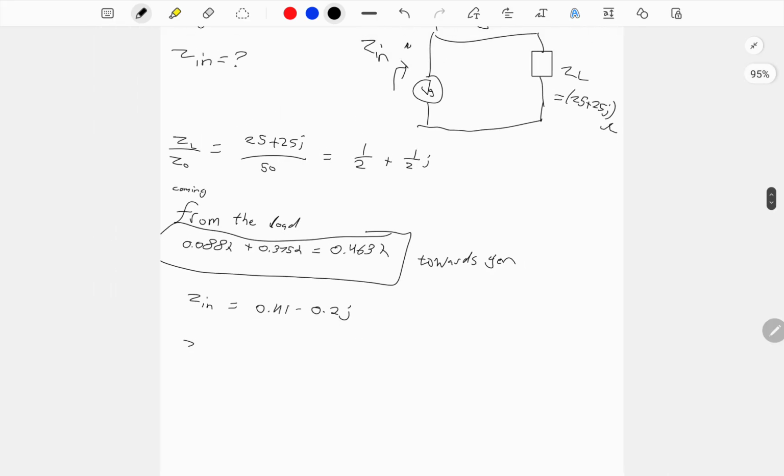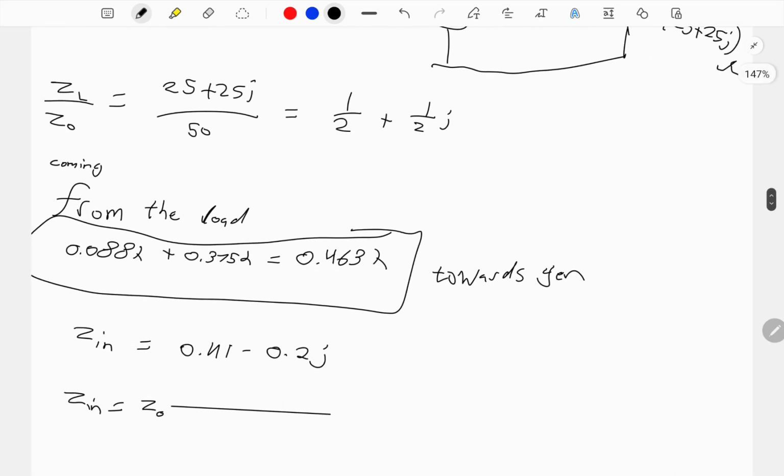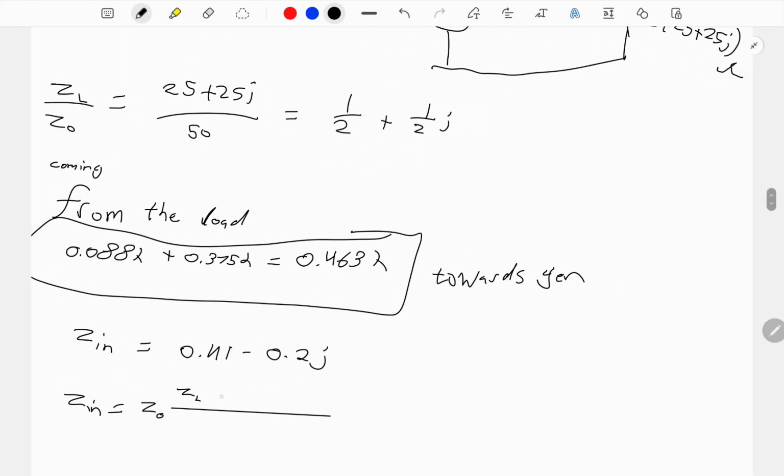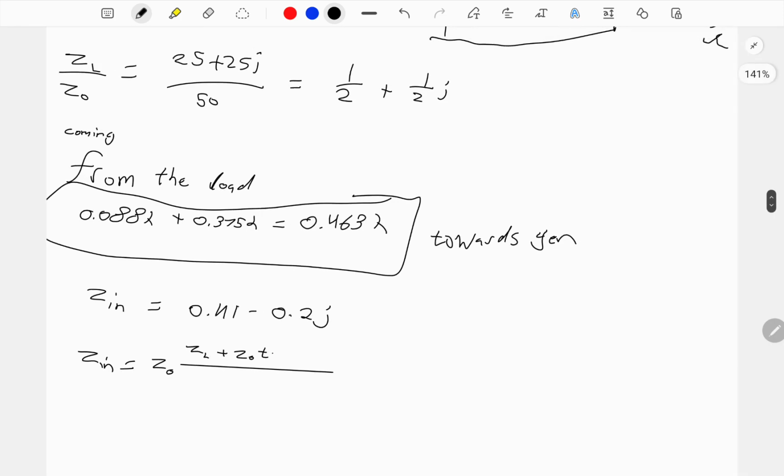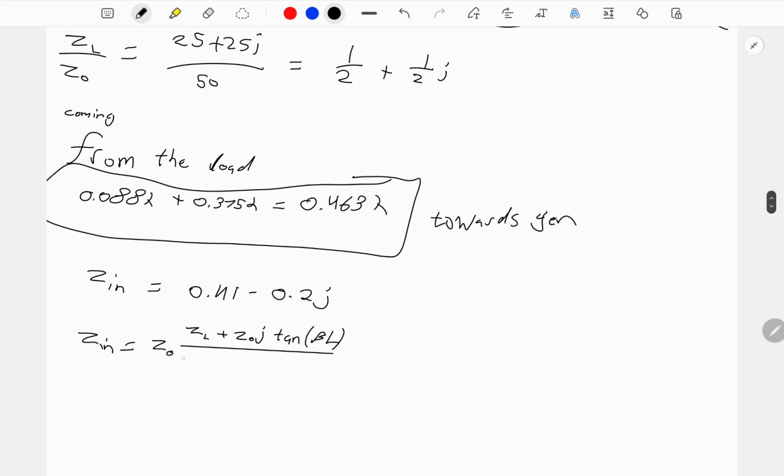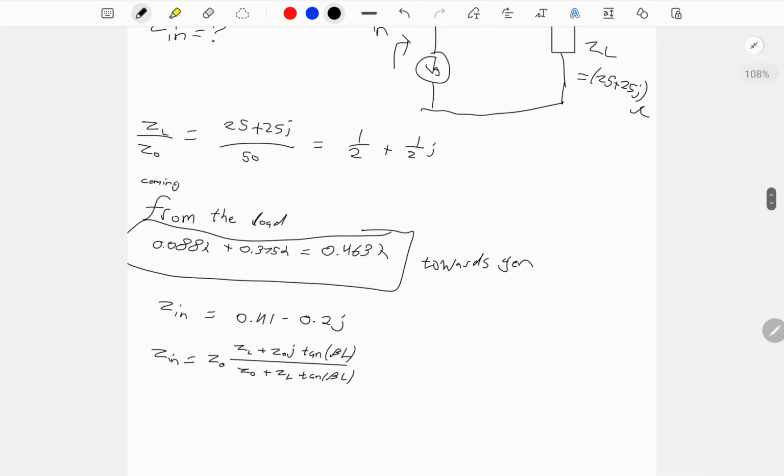You could also prove it using the formula. Zn is equal to Z naught times ZL. I'm pretty sure, is the formula minus or plus? I think it's plus: Z naught times ZL plus Z naught J tan beta L, over Z naught plus ZL J tan beta L, and you should get the same answer.